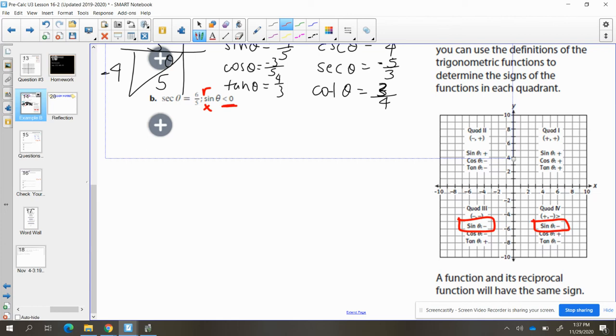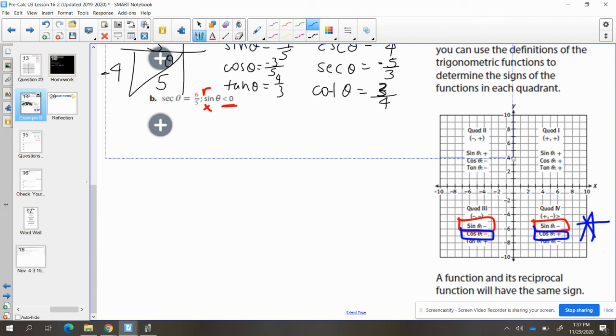So we know we're either limiting this to be in quadrants 3 or 4, but because the secant is positive, aka the cosine is positive, we know this has to be a quadrant 4 value, because otherwise the cosine is negative in quadrant 3.